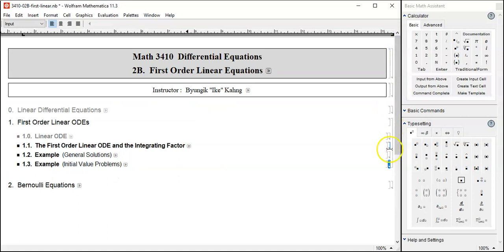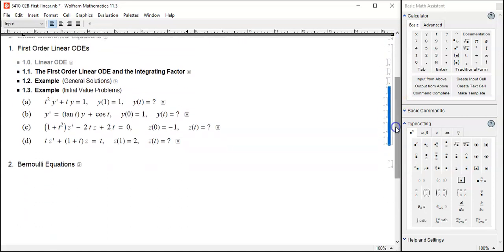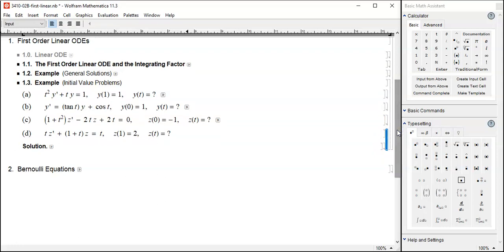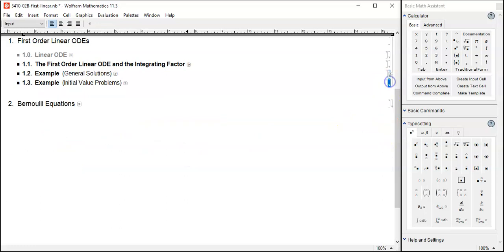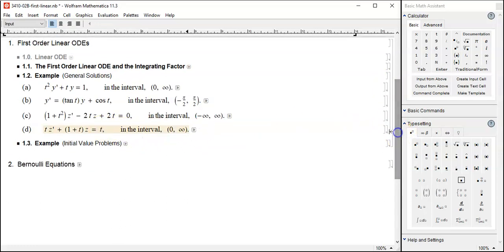Next topic is the Bernoulli equation. Okay, I do not have enough time to start a new topic, so let's come back to, not this one, let's come back to this problem and let's discuss it a little bit.